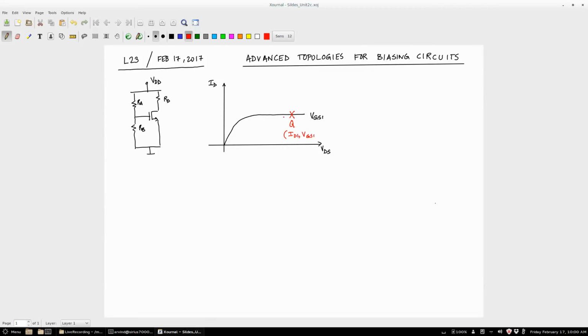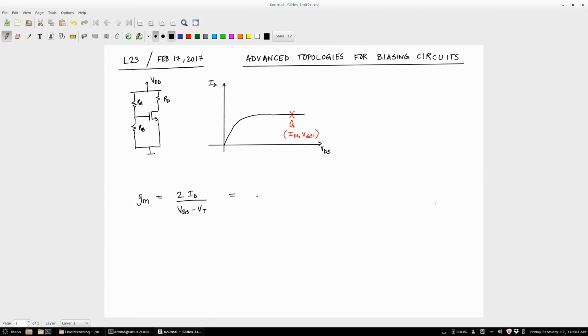That was your Q point, and this corresponded to some value of ID and VGS. Once you are in saturation, it is independent of VDS, right? That line means the value of VGS is VGS1, so I will drop it there. So this is some ID1 and VGS1.